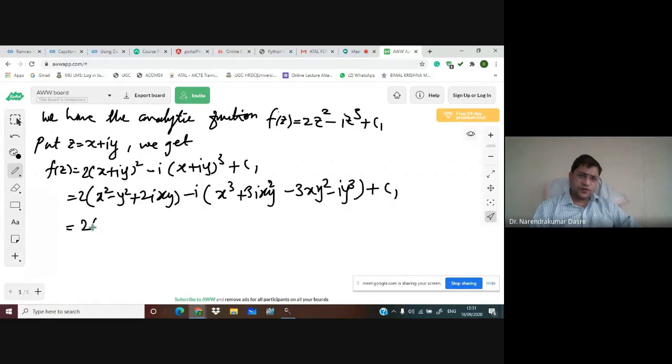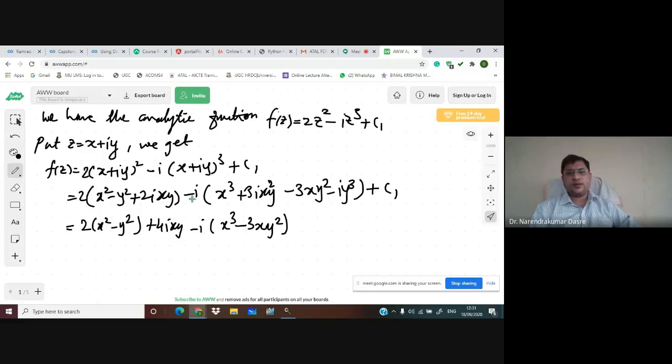Simplify this. So we have 2x square minus 2y square plus 4ixy. Now multiply by minus i: minus i x cube minus 3xy square.